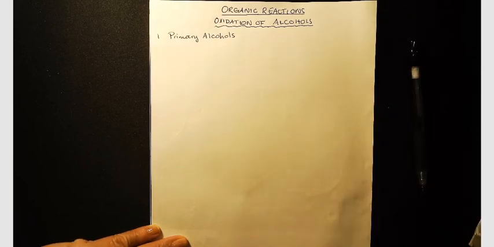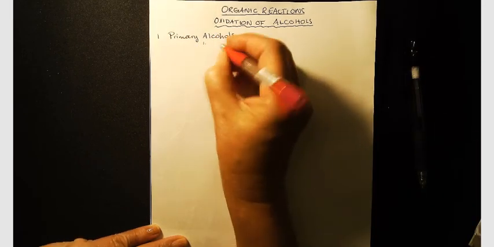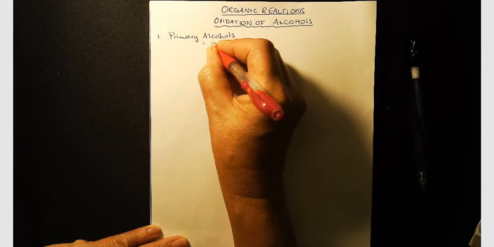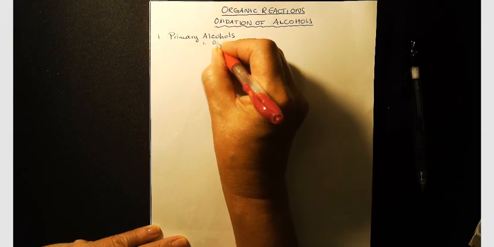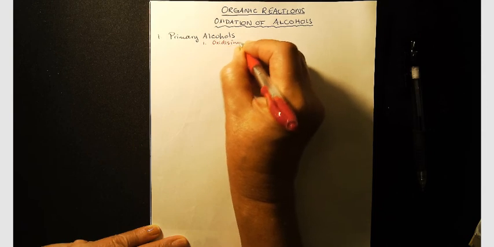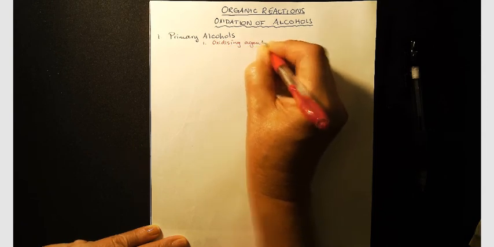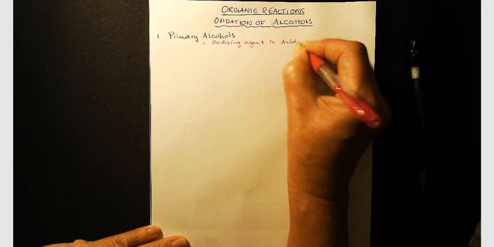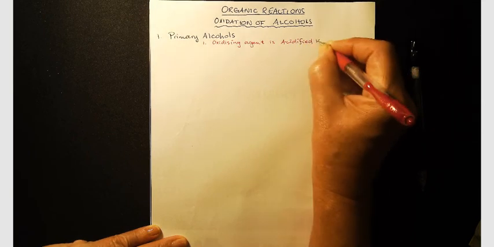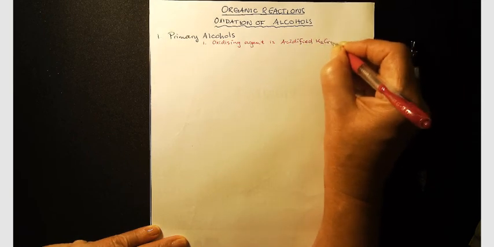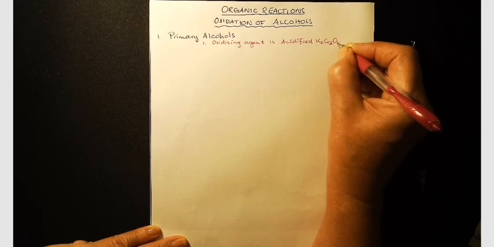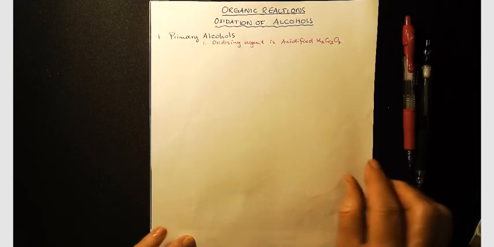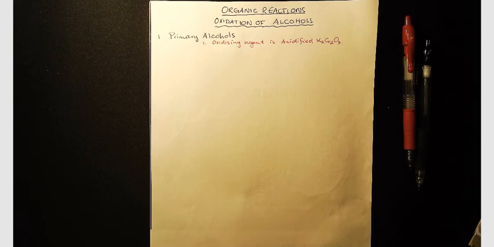Now, the condition to these reactions is that the oxidizing agent is acidified potassium dichromate solution, which is a beautiful orange solution, and I'd like to show you where it is on the table of standard reduction potentials, which appears on the data sheet.